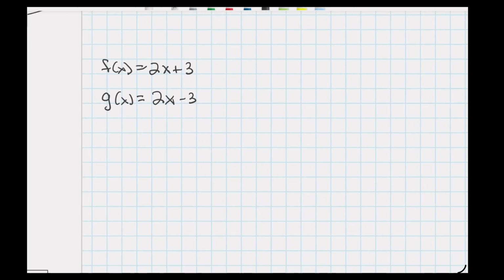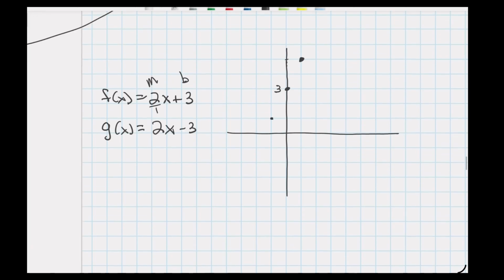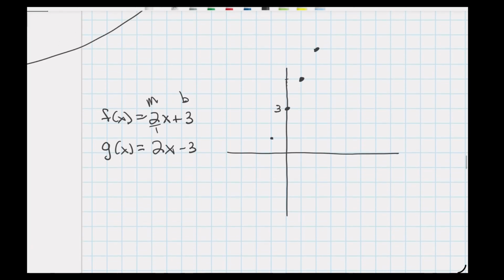This is the slope, this is the y-intercept. The slope is 2 over 1, so up 2 over 1, and I could certainly repeat that. If they were both negative, it would be down 2, left 1.